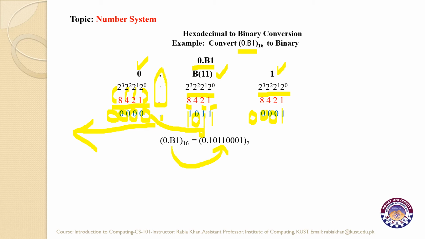So 11 is 1011. Here you can see 1011 is 11 and 1 is 0001. 3 zeros and 1, and with base 2. So this is how we convert hexadecimal fractions to binary fractions. Same procedure you followed for the whole numbers.